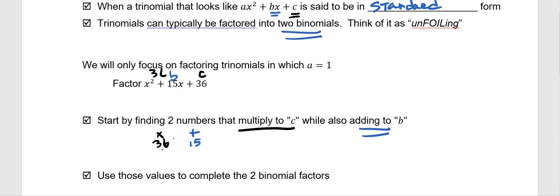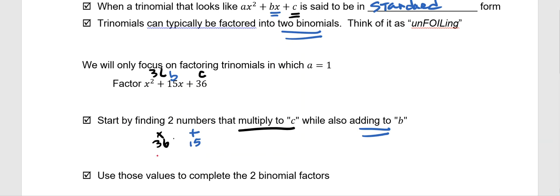So we can kind of go through it in our heads if we need to. I know that 1 times 36 gives me 36, but when I add, it gives me 37. If I had to, I could play around with the calculator. I know it's divisible by 2. 2 times 18 will give me 36, but 2 plus 18 gives me 20.